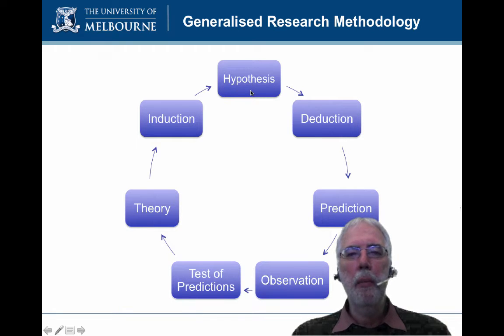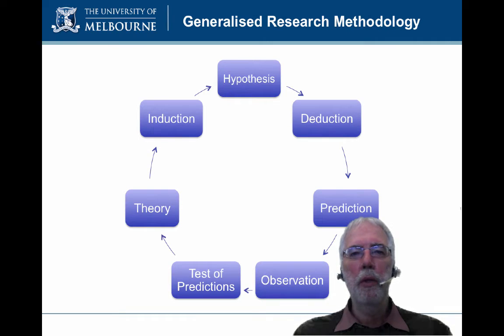You make a hypothesis on the basis of your reading of the literature, and then move around the cycle to do deductive research, make predictions, record observations, and so forth, in order to see if they accord with the theory or to develop the theory, and then the cycle can start again.